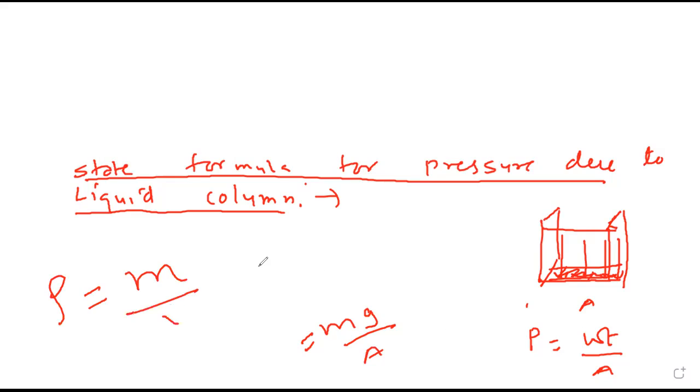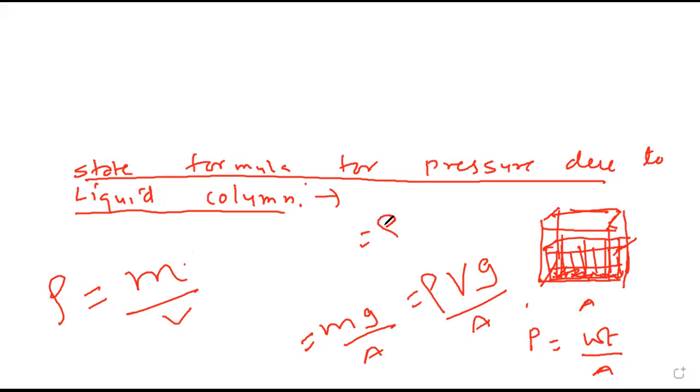Mass upon volume. So can I say mass is density into volume, into g upon area? What is the volume of the liquid contained in the container? It is nothing but area of base into height. So density into area into height into g upon area. A will get cancelled. So pressure due to liquid column is H rho g.